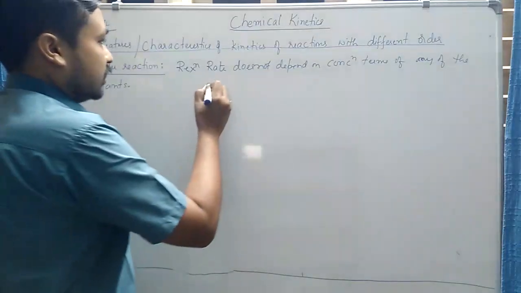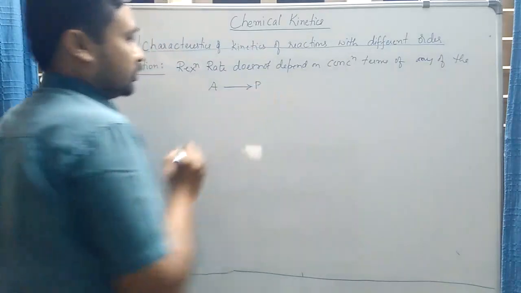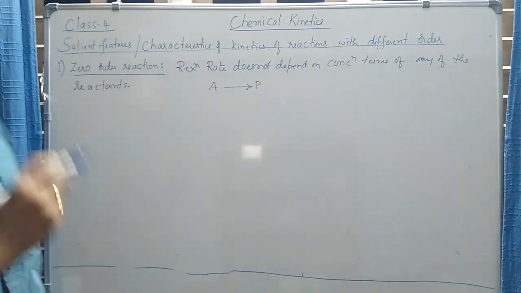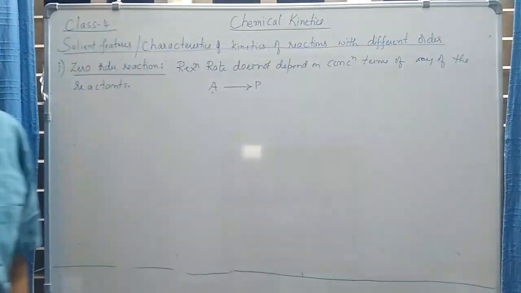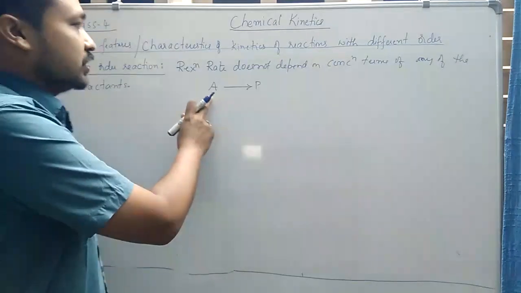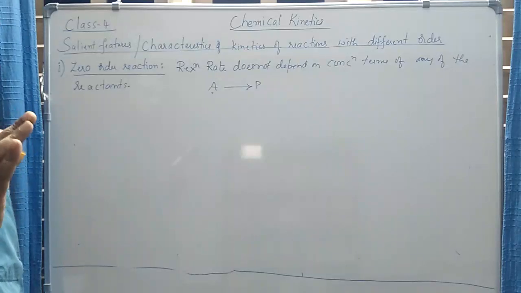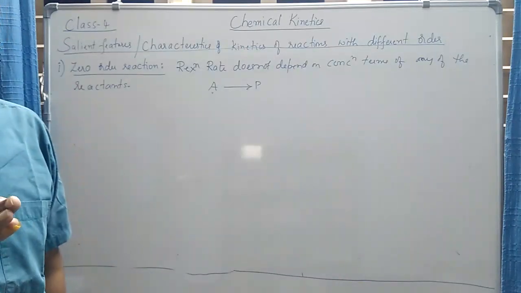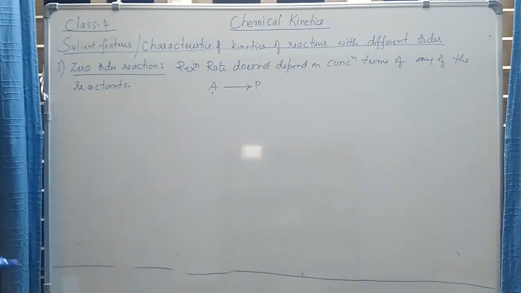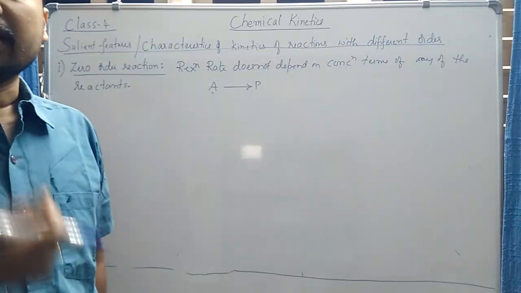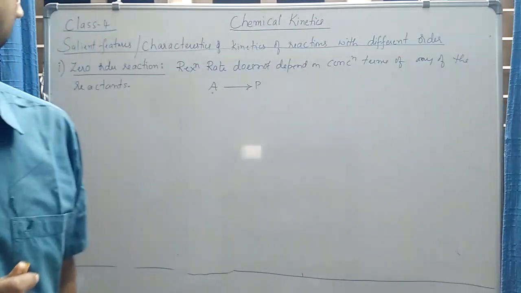So if I take a chemical reaction, let us consider some simple reaction, A giving product. Though this reaction suggests that the order of the reaction should be first order with respect to reactant A, this reaction is not very simple, it occurs in several steps, and out of those several steps, if I choose the slowest step, that is the rate determining step, which decides the overall rate, the rate determining step does not involve the original reactant A, it only involves some intermediates.